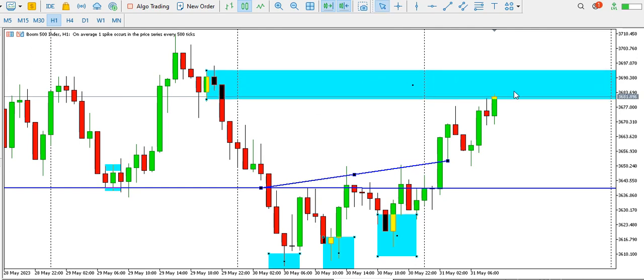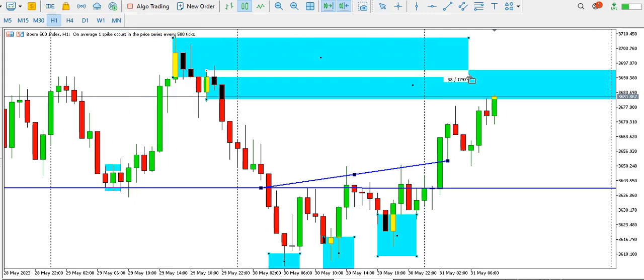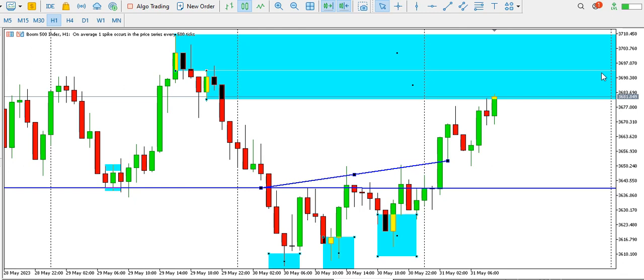So price could drop from there, or price could push a bit higher to the next order block, which is this, and price could drop from there. So we expect price to poke into this and drop, or go a bit further into this area and drop.